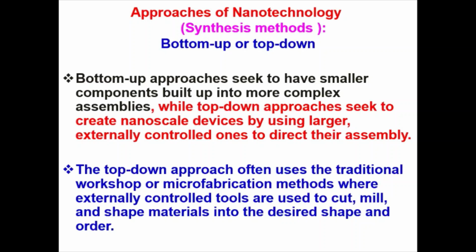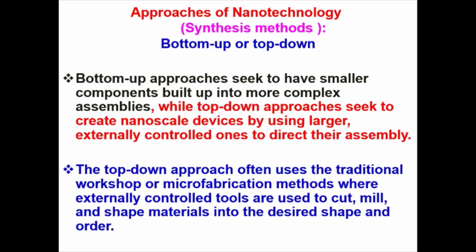In the top-down, you may have a bulk one, and you work on it to create nanoscale smaller ones. So making smaller ones as a nano thing, as an improvement of the building blocks, is bottom-up. And the bulk ones, which are more than micrometer or millimeter sizes, brought down to nanometer assembly, this is a top-down process.